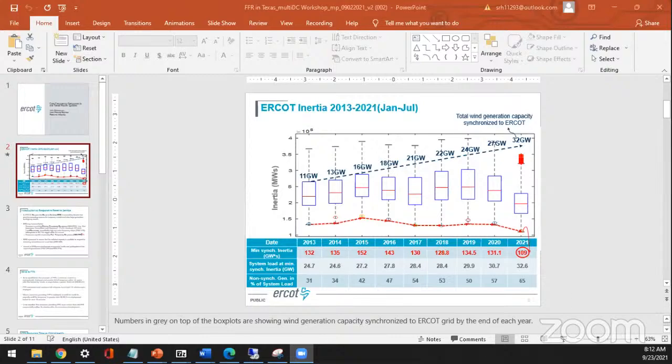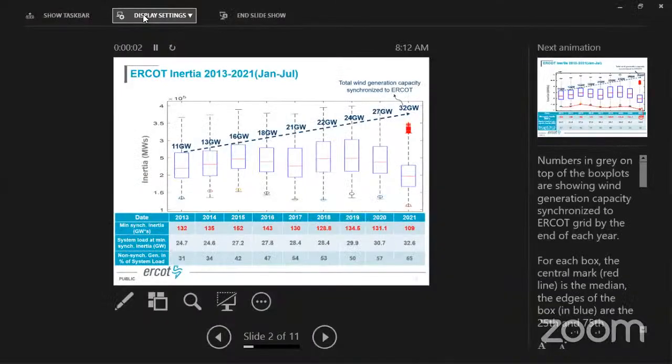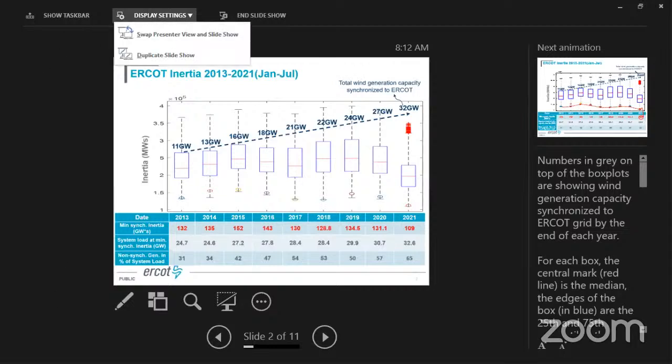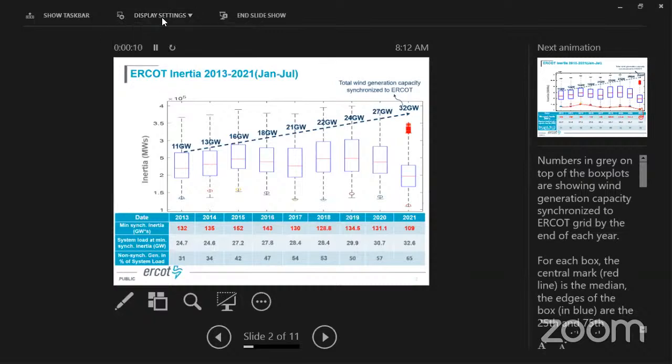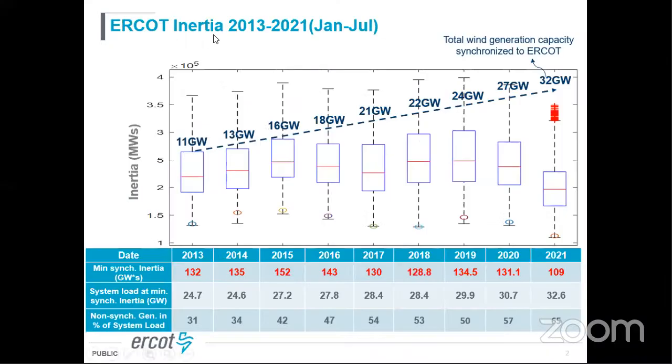Thanks. Can you see it in full screen now, or presenter's version? Presenter's version. Okay, so just the screen is better. Yeah, it's better. Thank you.